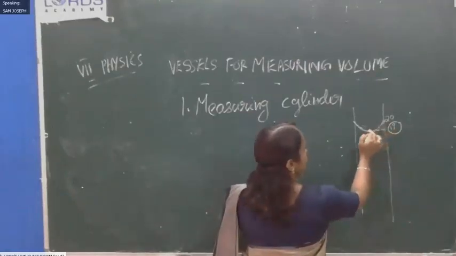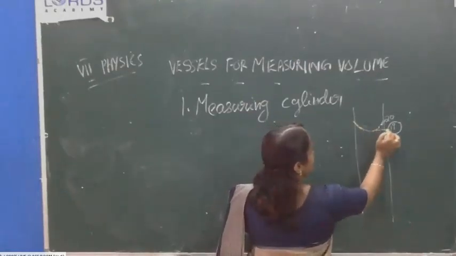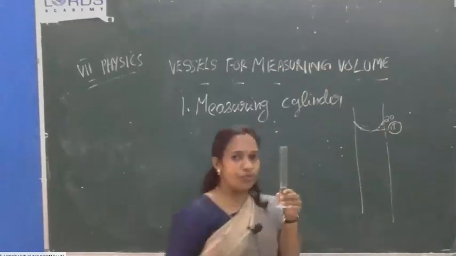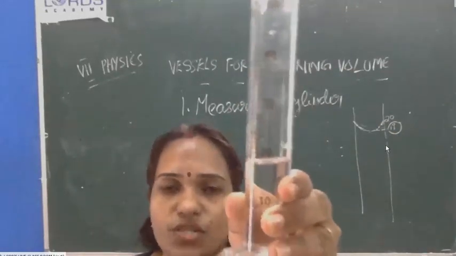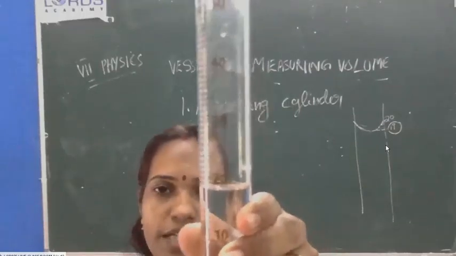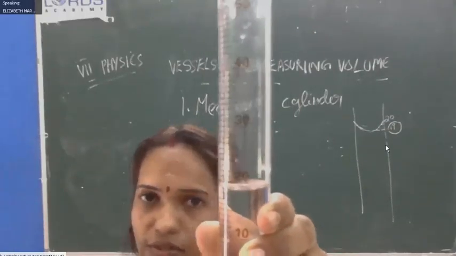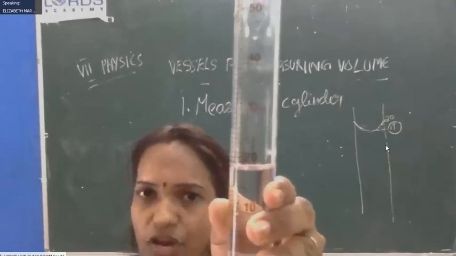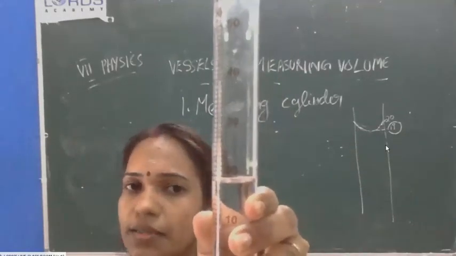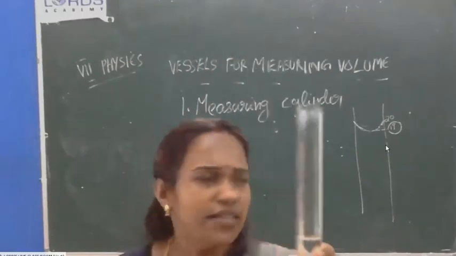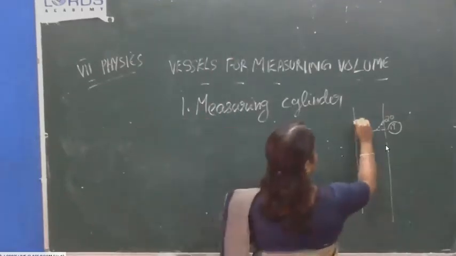Where the lower part of the surface touches, that reading you have to take. So tell me the volume of this water. 19. If you take the bottom surface, it is 19. And this we call the meniscus.